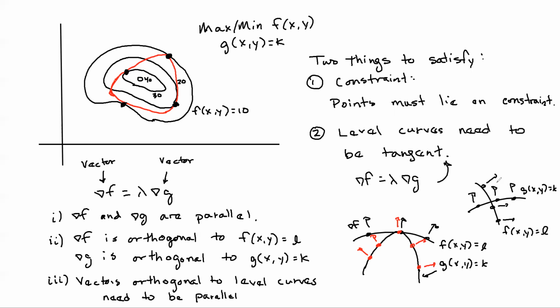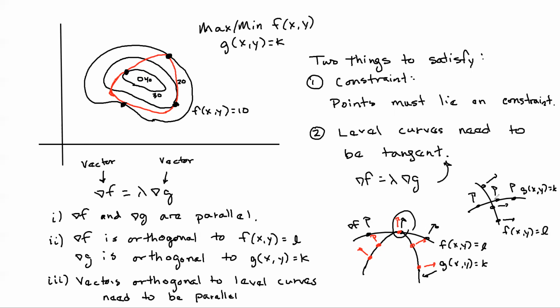Right, so the gradients can't be parallel unless they're tangent, right? So either the curves intersect at a place where they're not tangent, in which case you have vectors that could not possibly be parallel, or they intersect at a place that is tangent and you can see that they are parallel. So those are the only two possibilities.